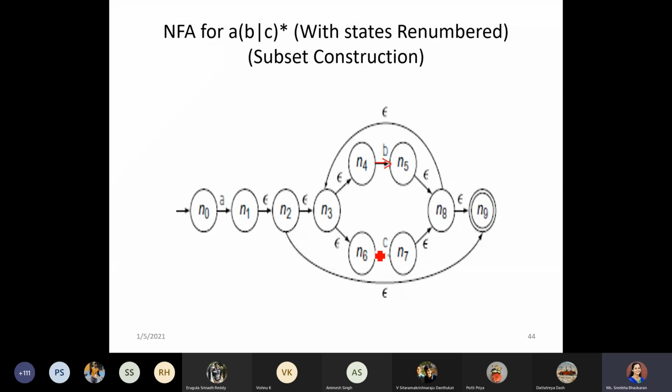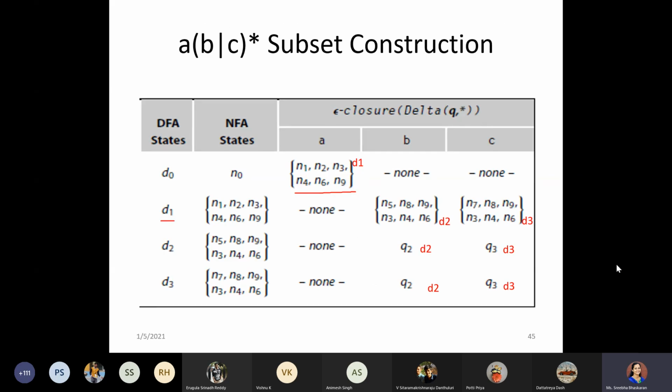Similarly, for the C transition, we have another new set of states, which would be N7, N8, N9, and again N3, N4, N6. I have named the first group D2 and the second group D3.